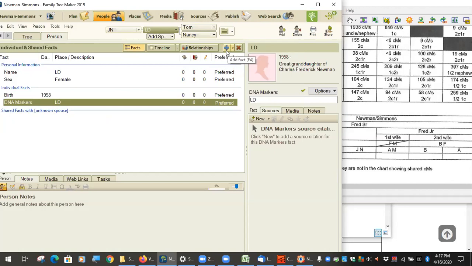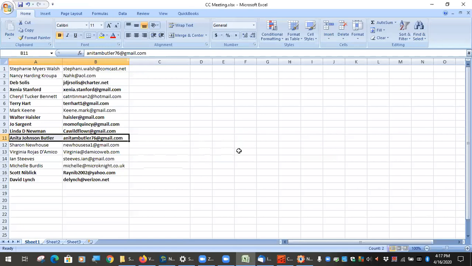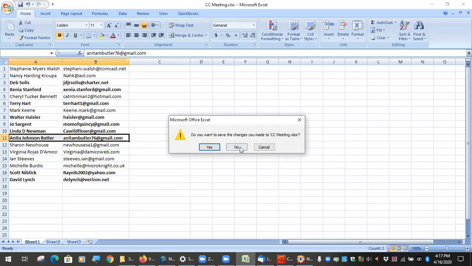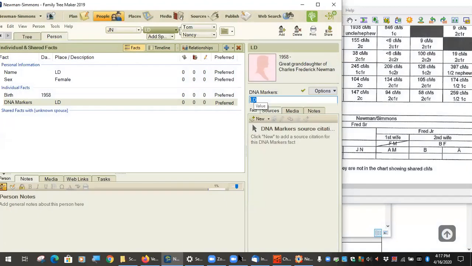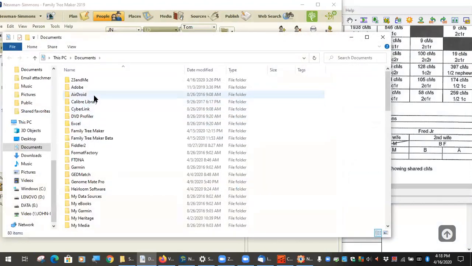Ron, does it matter what you put in that DNA markers fact field? Well, what you put in here has to match your match data.